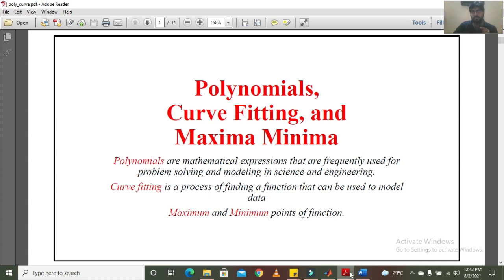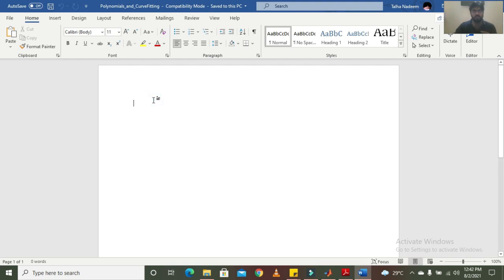In today's session we can break our session into three sections.